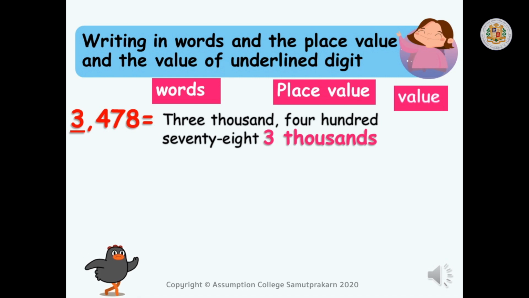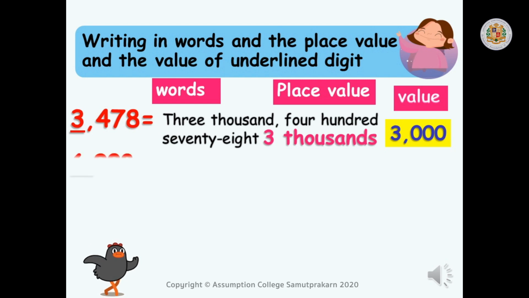What is the value? Correct, 3,000. The difference in the place value and the value is we have to write the word THOUSANDS. And for the value, we will use zeros, which is 3, and 3 zeros.